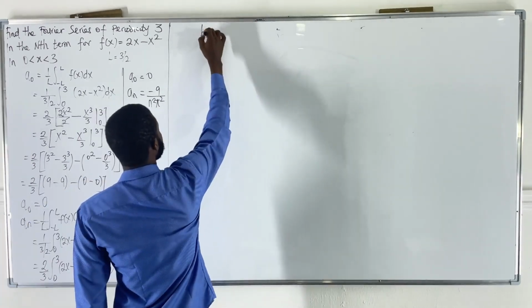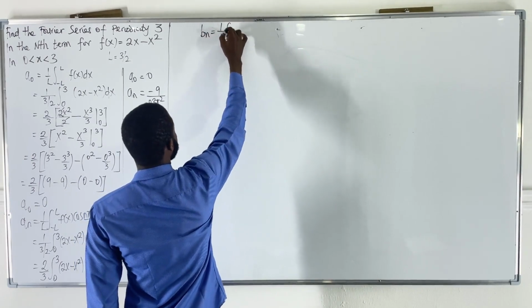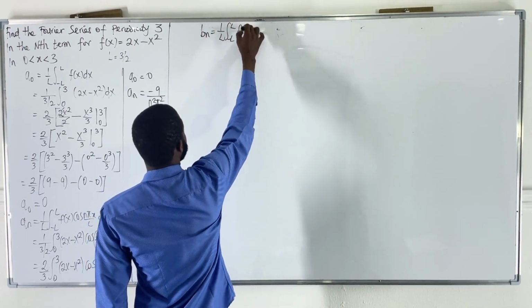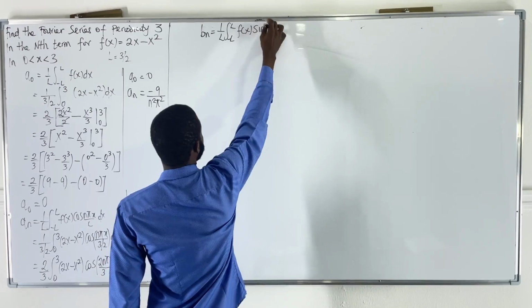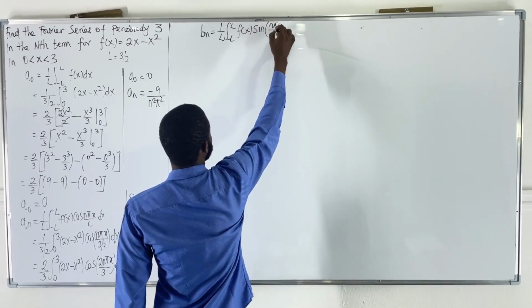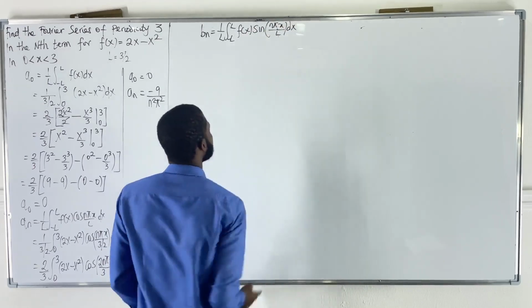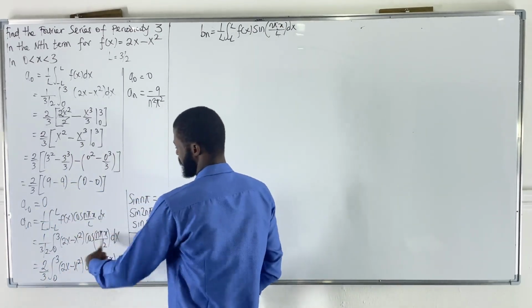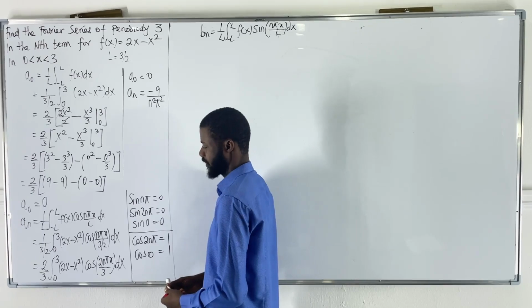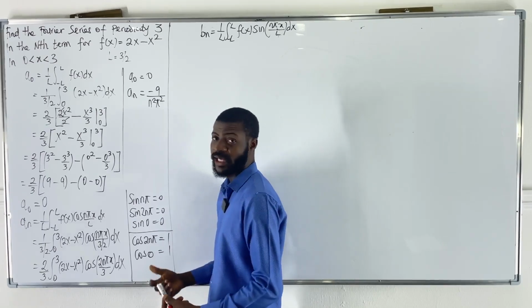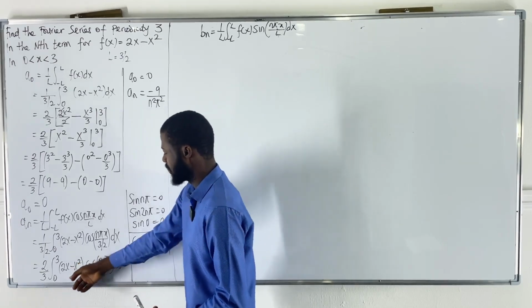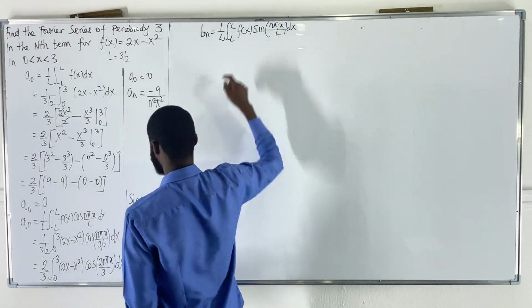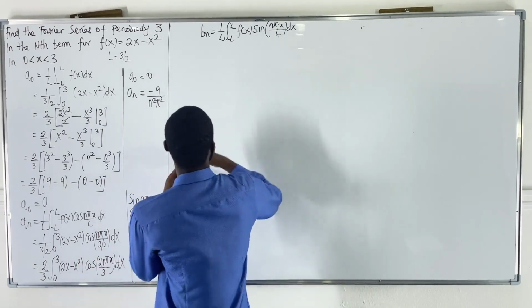So b sub n is 1 over L, integral from minus L to L, f of x sine n pi x over L dx. Since we've done something like this before, we could be a little bit fast. The only difference between this and this is the sine part.